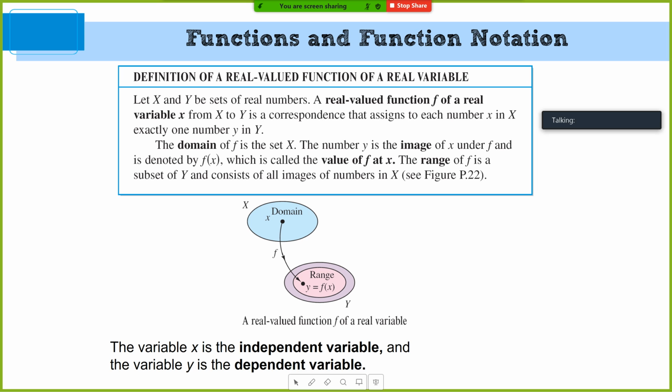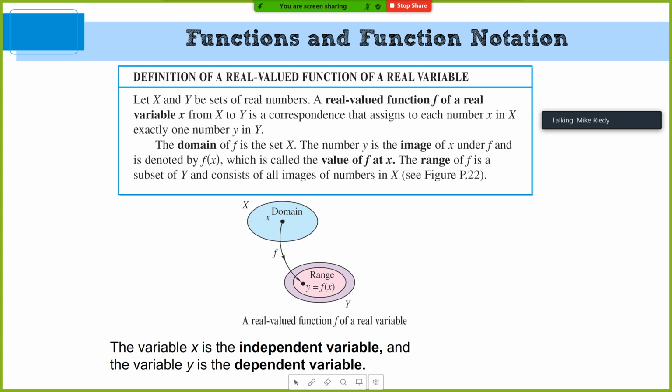Okay, so there's a lot going on this screen. I just wanted to throw this up there to refresh your memory. Domain is all the possible x values. Range is all the possible y values. More importantly, at the bottom, we're talking about independent variable versus dependent variable. So if you think of a simple equation like y equals 2x minus 5, one of them is independent.